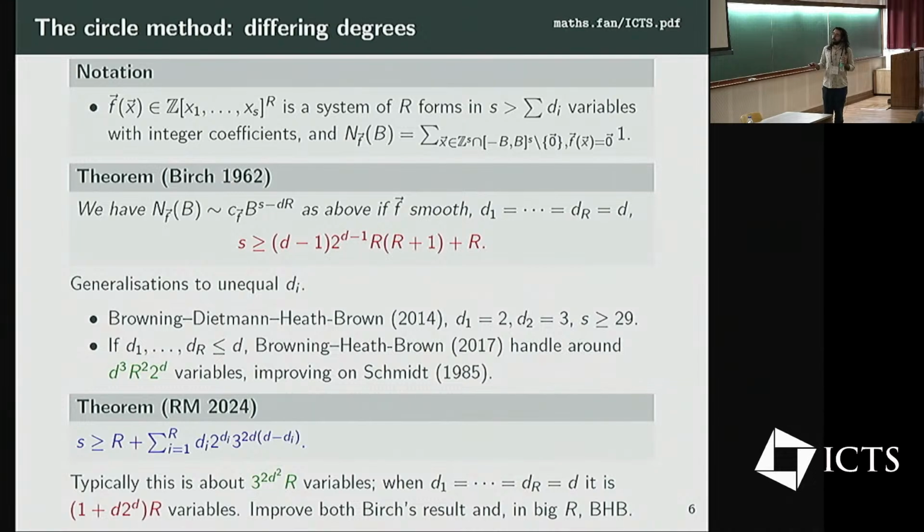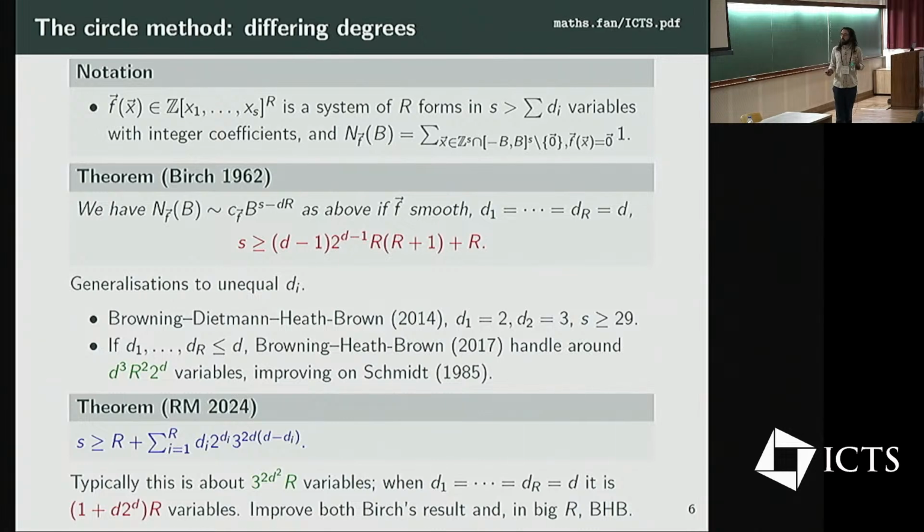We get the asymptotic that we expect, B to the s minus the sum of the degrees. Okay. So this is write-downable, but it's still fairly complicated and maybe not obvious at first sight how big it is.